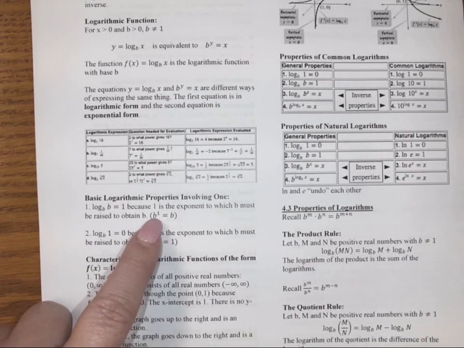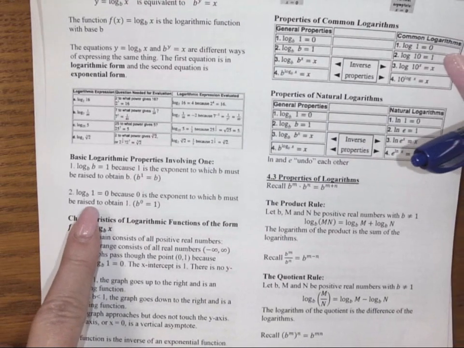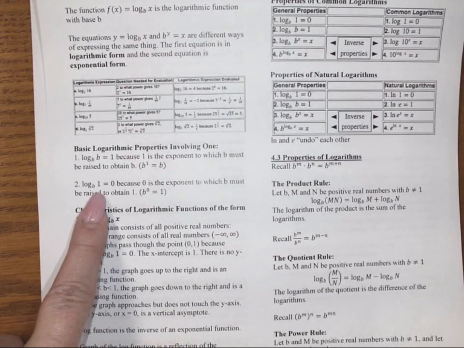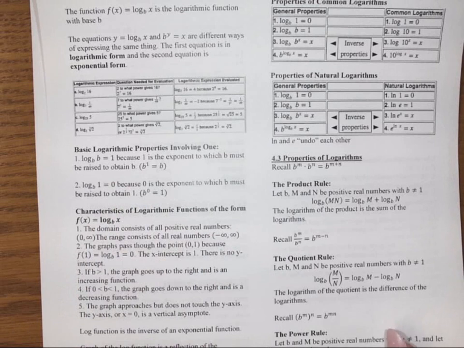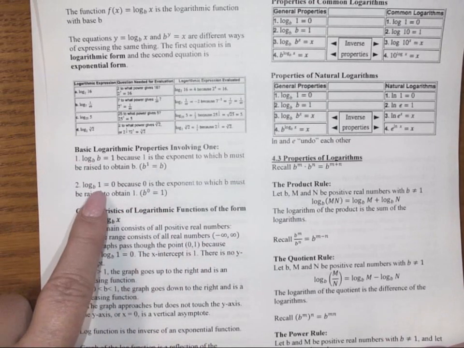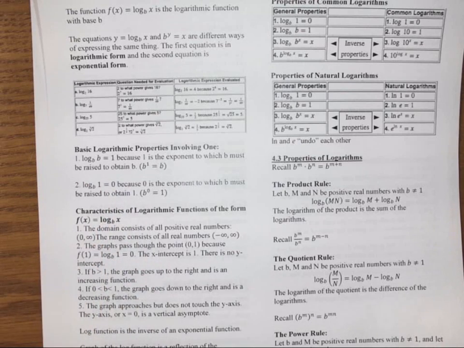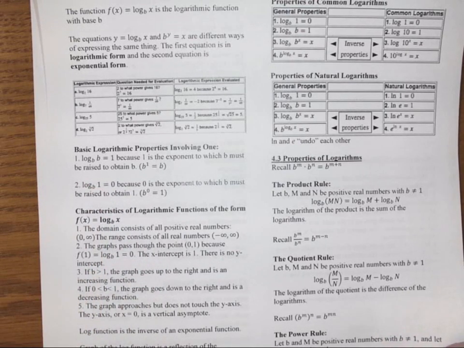So to get that, we have b to the 1 equals b. And log base b of 1 equals 0, because 0 is the exponent to which b must be raised to obtain that 1. So b to the 0 equals 1. So if you ever have 1 right there, that's going to tell you you're going to be at 0.